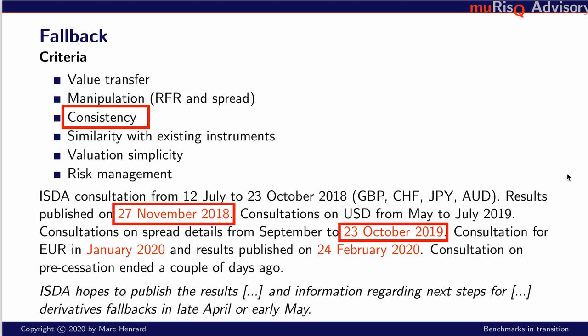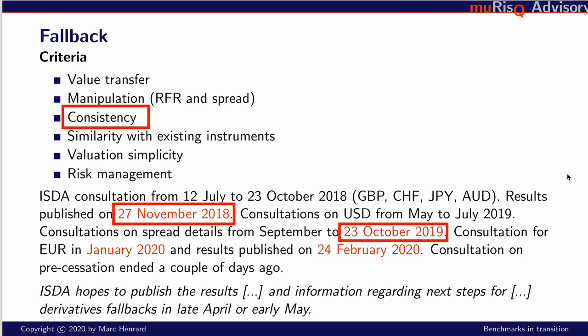So all the discussion I'm doing on this fallback is conditional, in the sense that we have the ISDA consultation and we have the descriptions, but they are still a little bit vague, not very precise, so we don't know exactly all the final details.